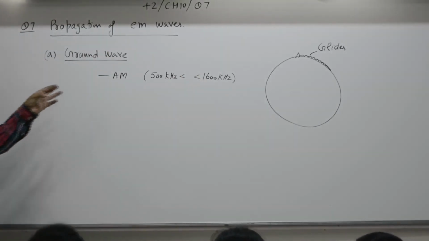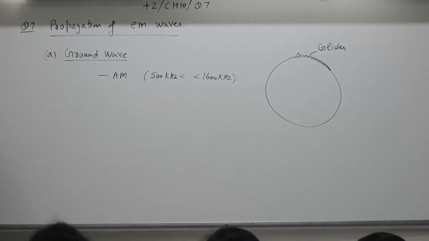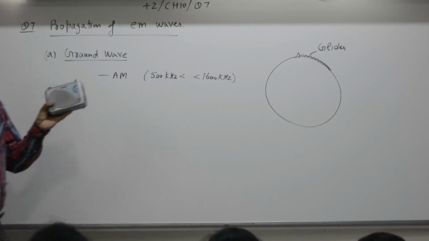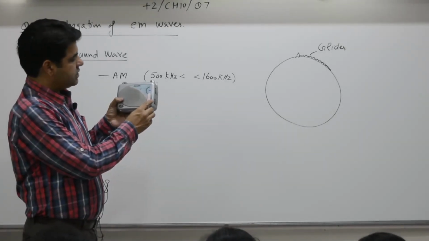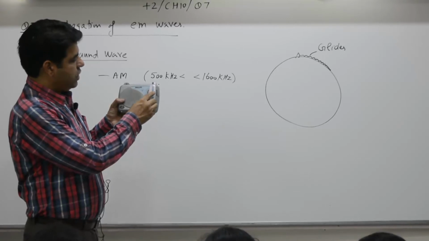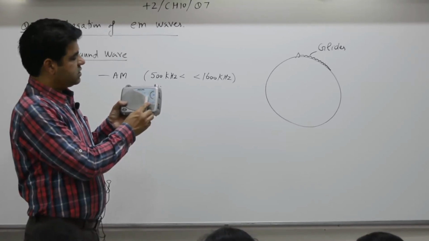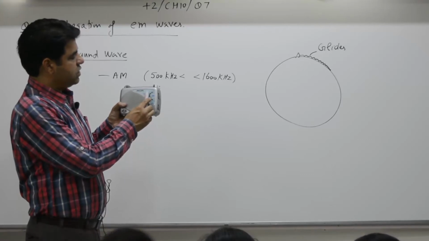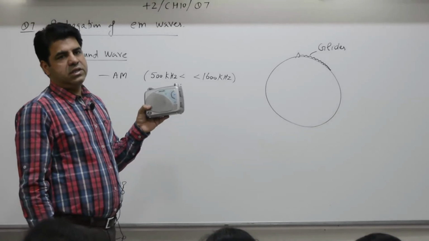If the frequency range is this one, that is the program which you are getting from Jalandhar or nearby, you have a scale here on the radio. It is written in kilohertz: 550, 520, 700, 850, 1000, 1250, 1550, and then it is not marked, but it is 1600.